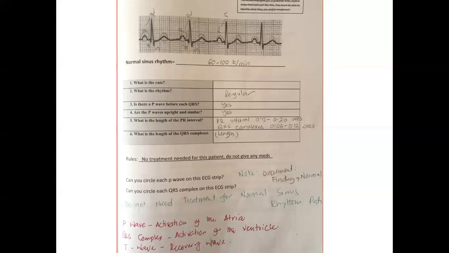So normal means the events must contain a positive P wave, a positive QRS complex, and a positive T wave, right? So normal means there is a P wave before every QRS complex.